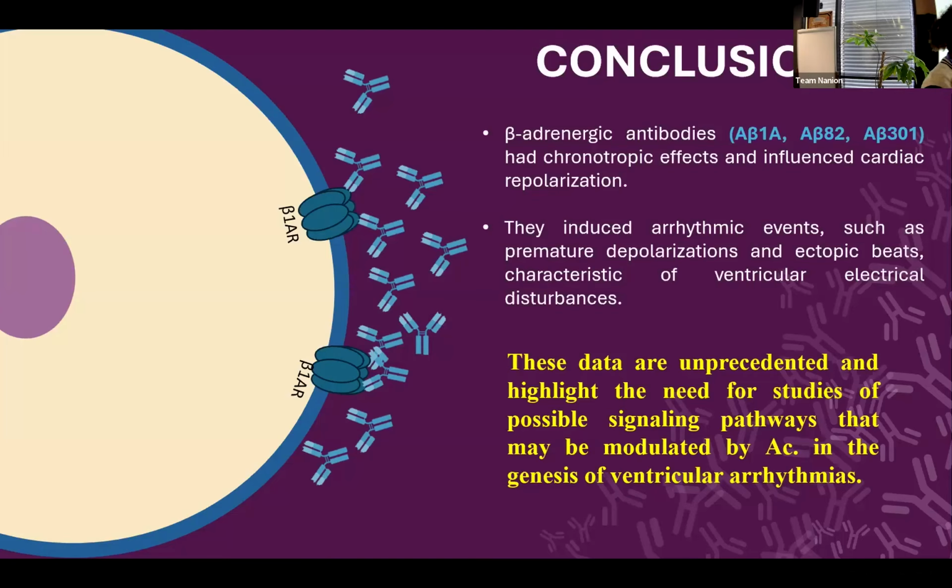We never saw anything like this in the literature, and it highlights the need to study and understand the signaling pathway that may be modulated by these antibodies, and how these antibodies can generate or work in the genesis of ventricular arrhythmias.